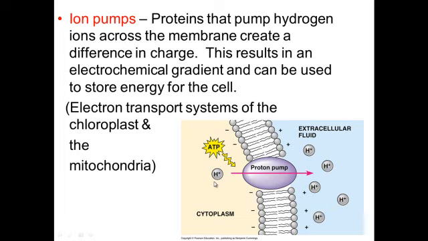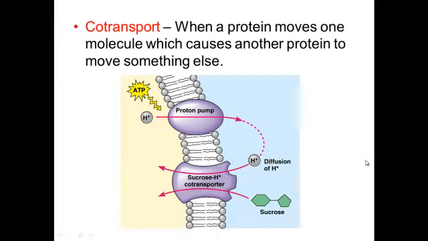It's across the cristae membrane to get to the inside. The reason it does this is another protein later on called ATP synthase is going to allow the hydrogen ions to come back through, and in the process it's going to create energy. But the first thing we have to do is pump the hydrogen across the membrane. So here we are pumping it across the membrane with ATP's help.